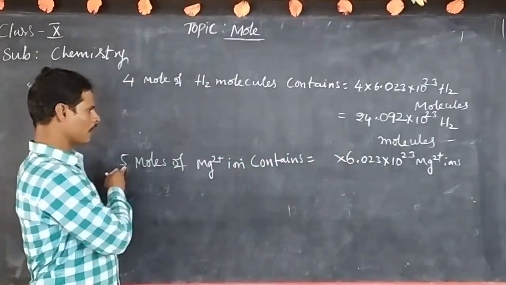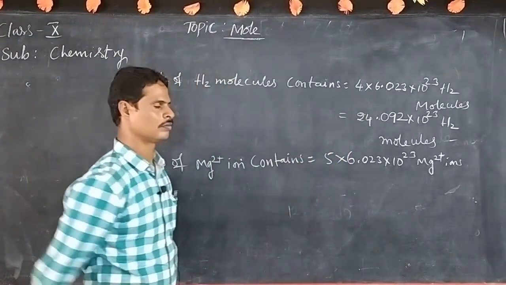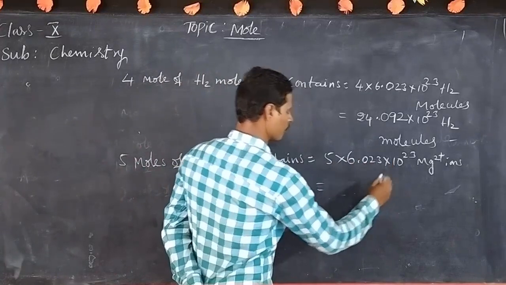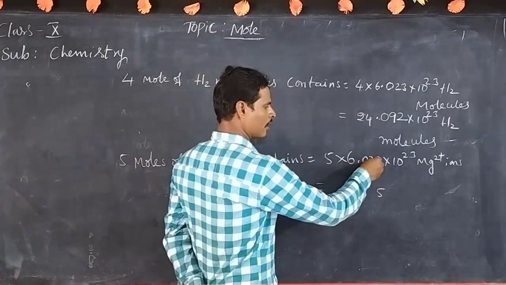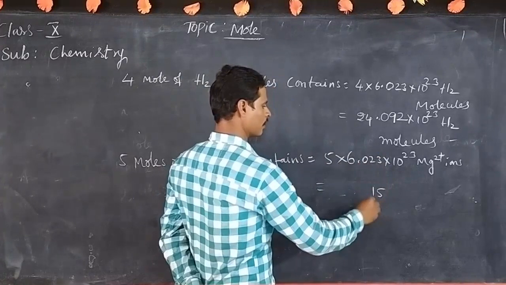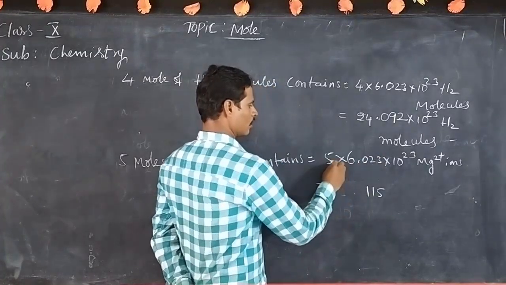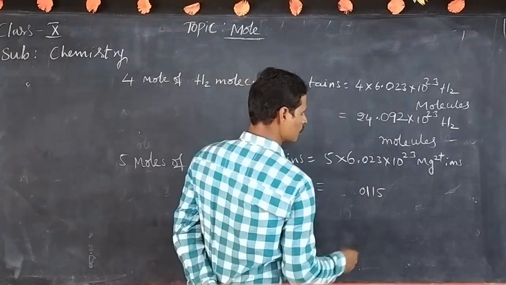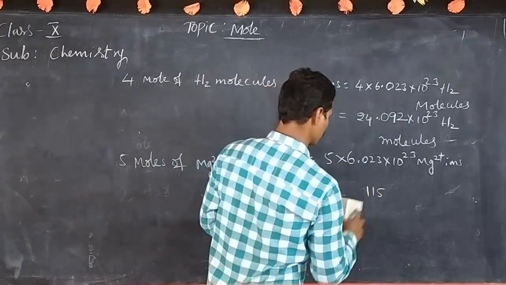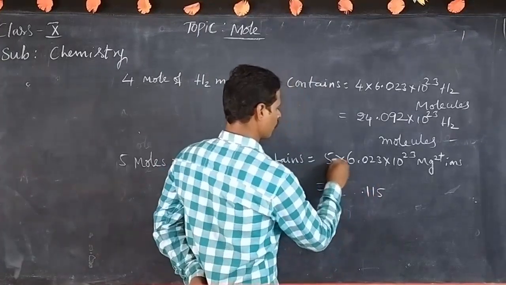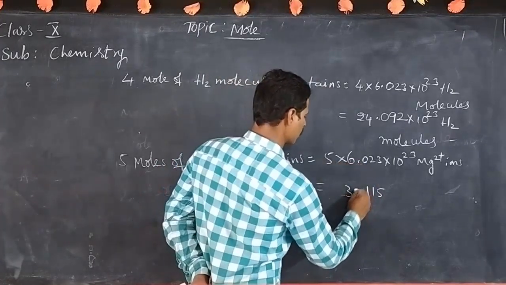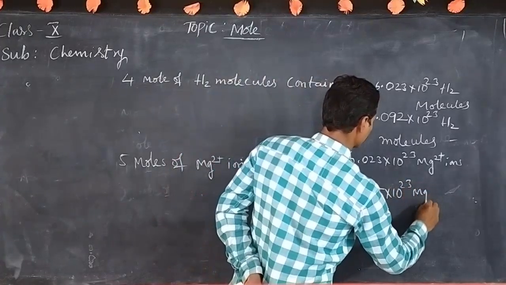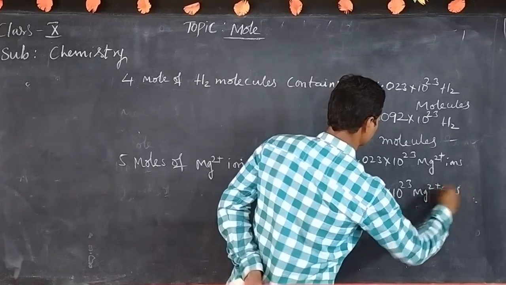But here there are 5 moles. Now find the value. 5 threes are 15, 5 twos are 10, 10 plus 1 is 11, 0, 5 into 0 is 0. Next, point, 5 sixes are 30 into 10 to the power 23 magnesium ions.